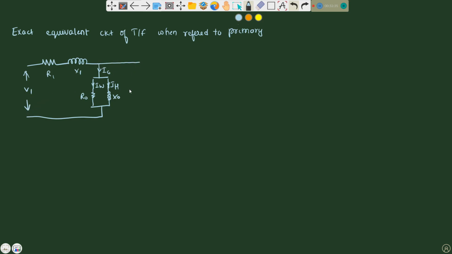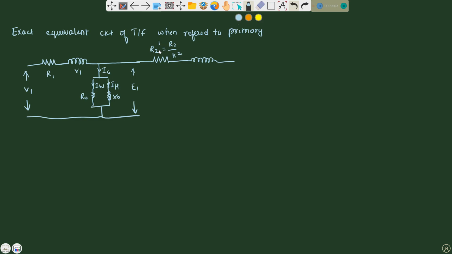Correct. So here it will be an induced EMF E1. So we are referring to primary. So we are taking secondary components or elements into the primary side. So here it will be resistance and similarly an inductance, that is reactance.